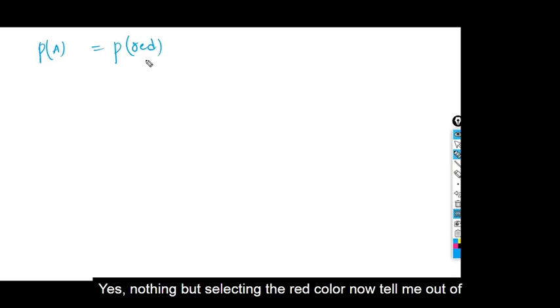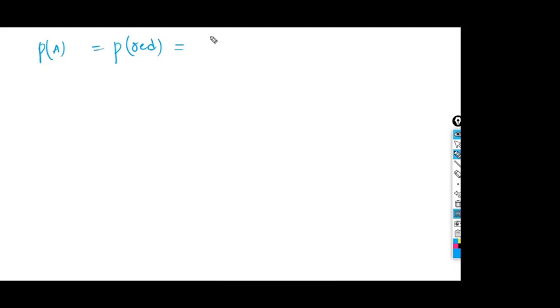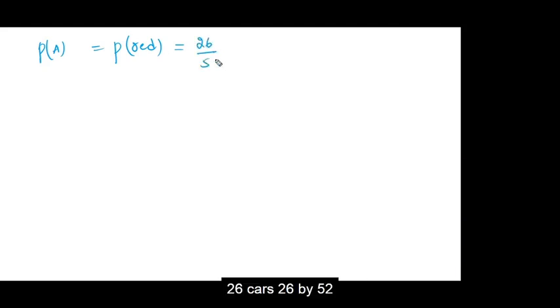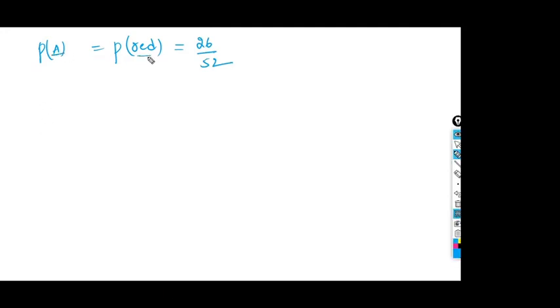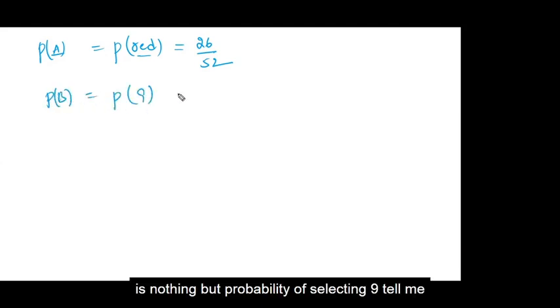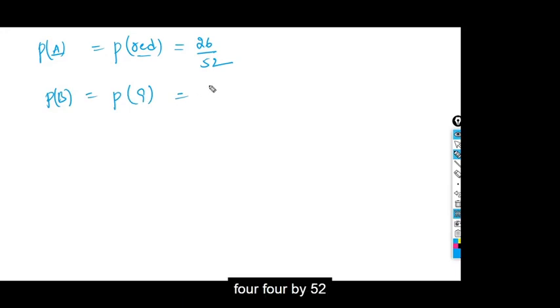Out of 52 cards, how many red cards are there? 26 cards, so 26 by 52. Probability of B is the probability of selecting a 9. How many cards are satisfying 9? 4, so 4 by 52.